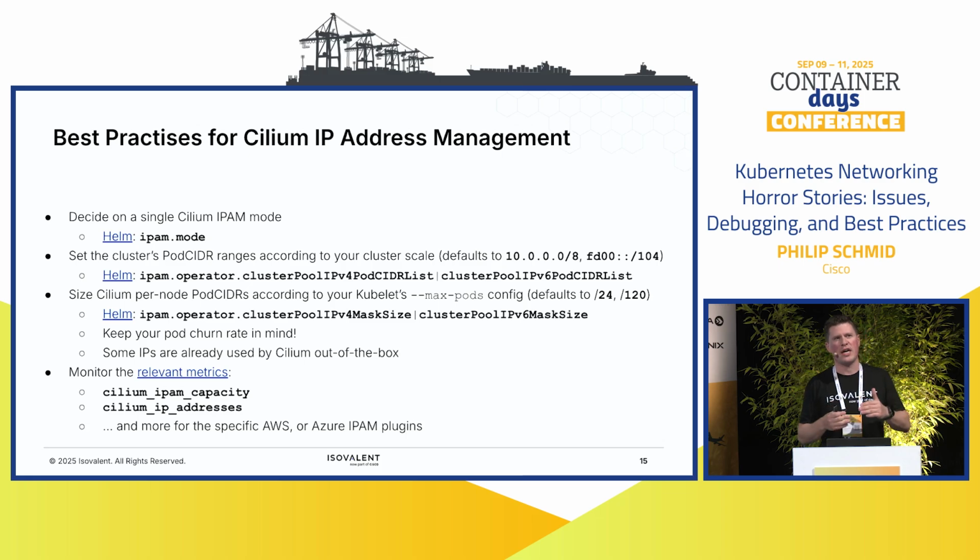So most of the time, it doesn't even make sense to have up to 254 IPs available for pod assignments per node if the kubelet on this node is only able to run 110 pods, right? So we could, for example, reduce that to a /25.